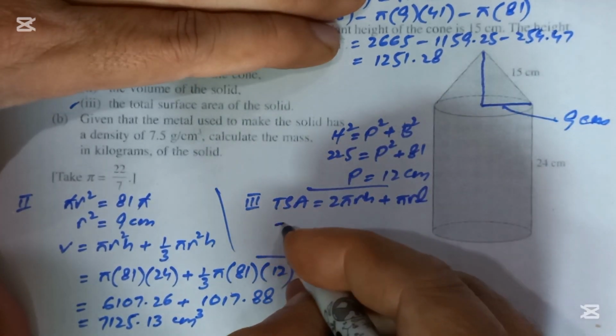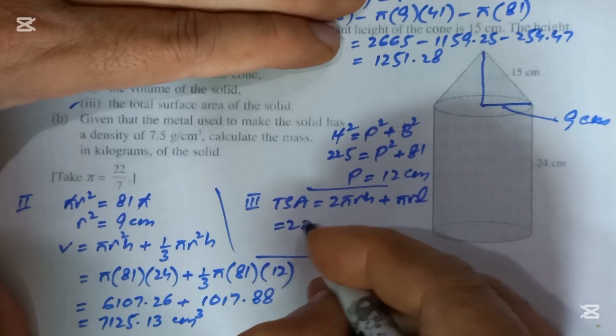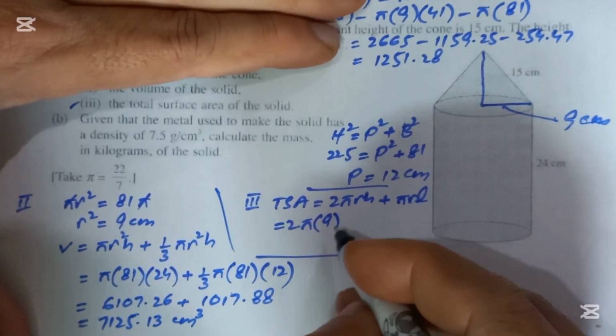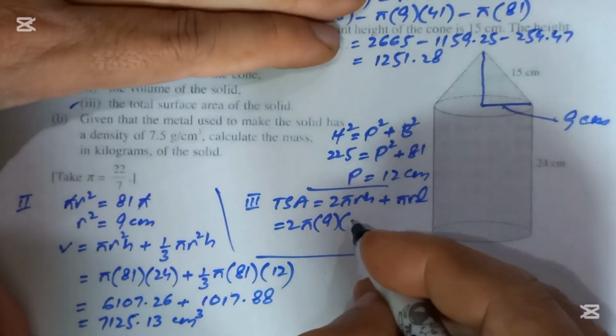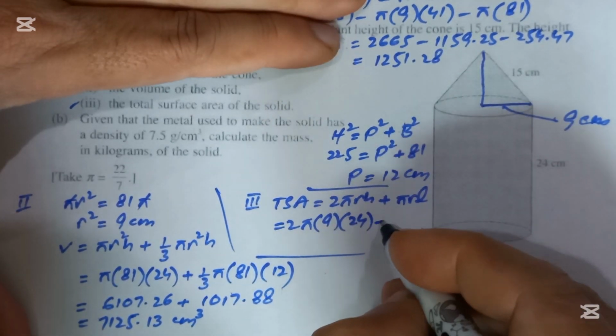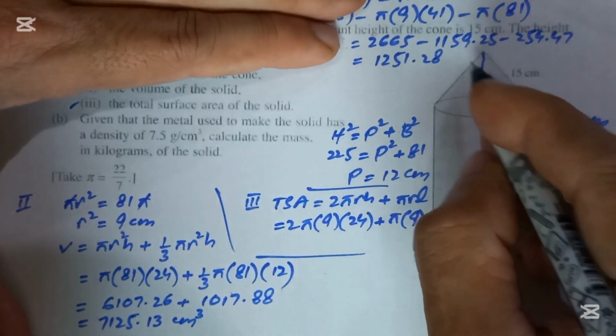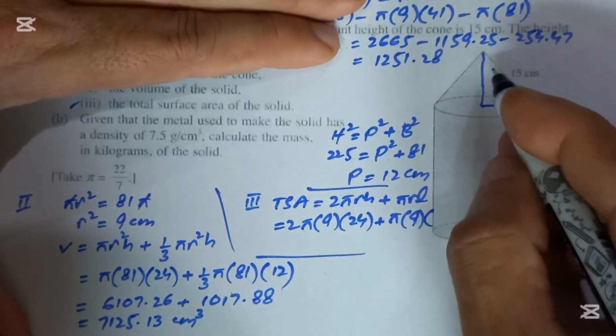Now put the values in this formula. 2 pi, r is 9, and h of the cylinder is 24. Pi, r is 9, l of this cone is 15.